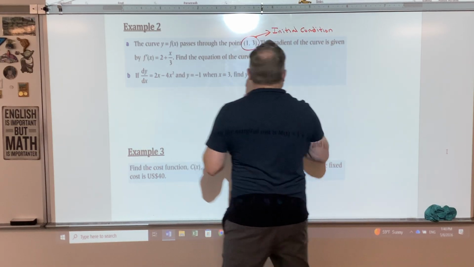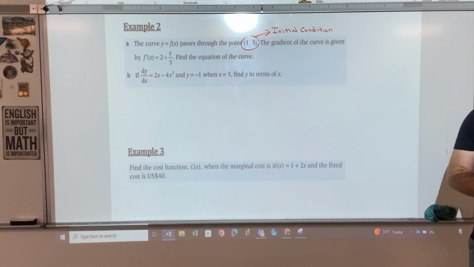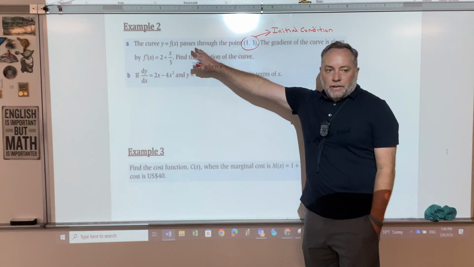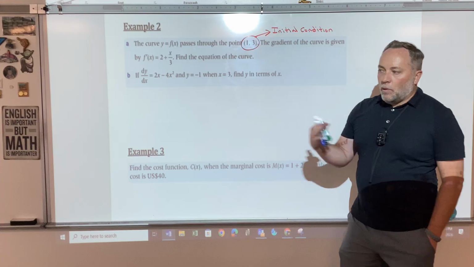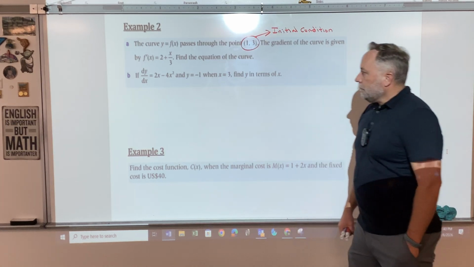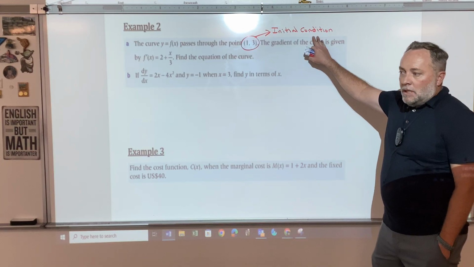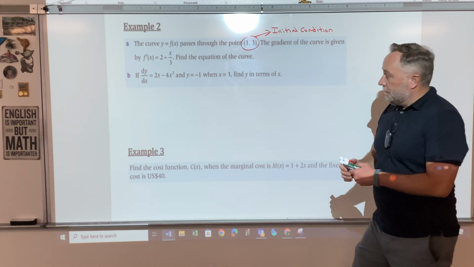So you have to know something about a value of the original function, okay? And they tell you the curve, the original, passes through that point. So that gives us a value for our original function, okay? So if you're gonna find a value for c, you have to know something about an initial condition, all right?